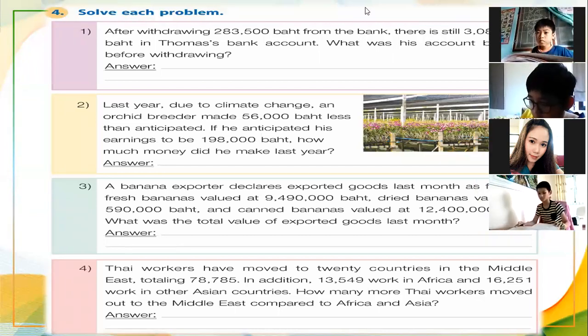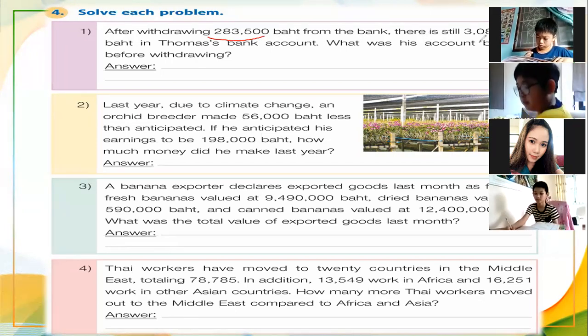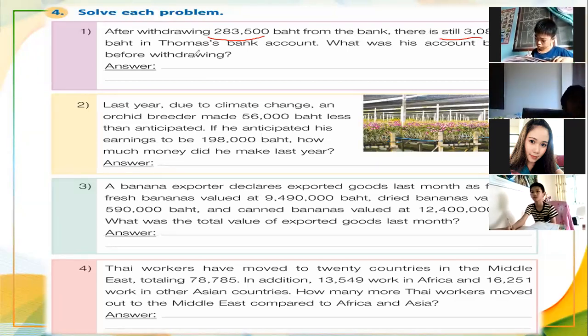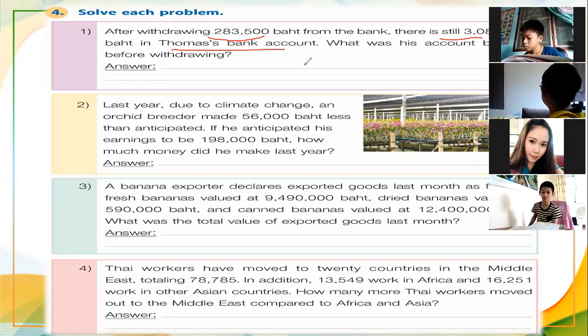Okay, the next problem, number 1. After withdrawing 283,500 baht, there were still 3,087,600 baht in Thomas's bank account. So what was his account balance before withdrawing? Students, we have two figures here.